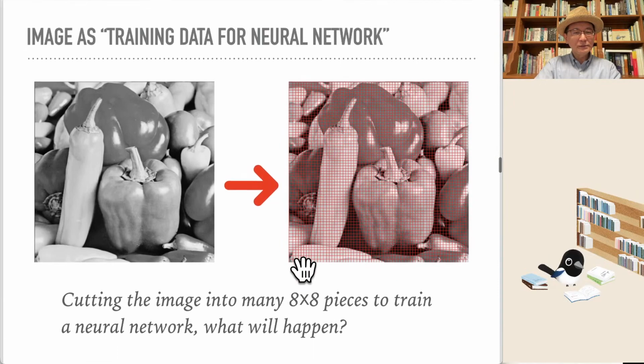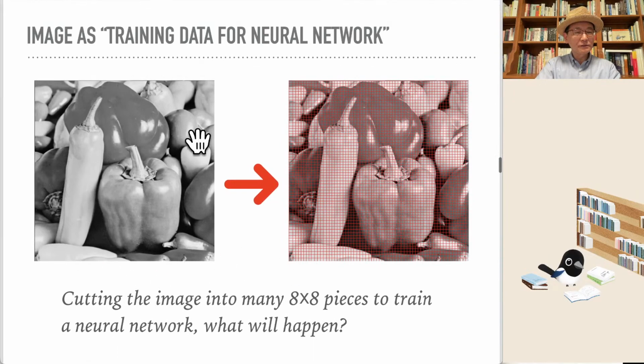This is the crazy one. Here, this is the photo, right? So I cut it into many 8x8 pieces. Each piece contains 64 grayscale information, right? But since you have lots of them, you assume that behind it there is some probability distribution of these 64 dimensional vectors.